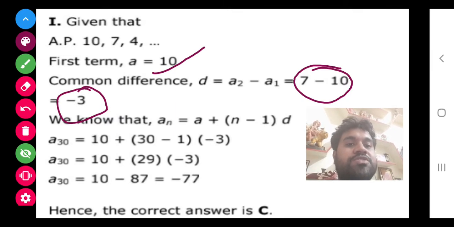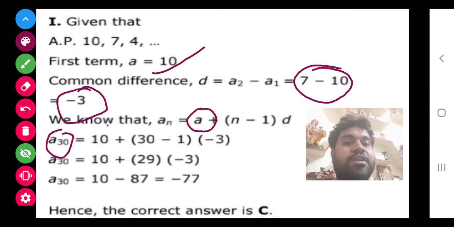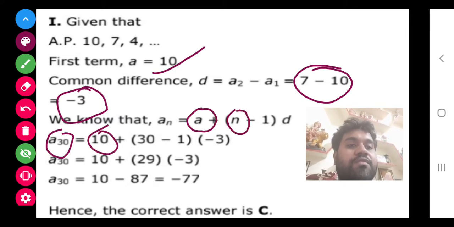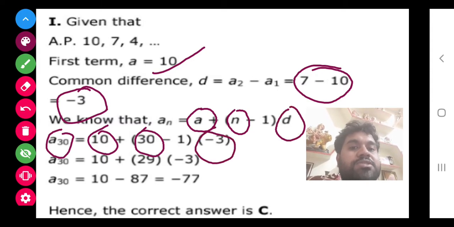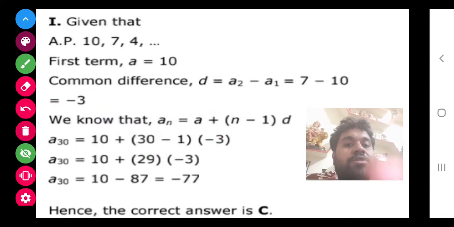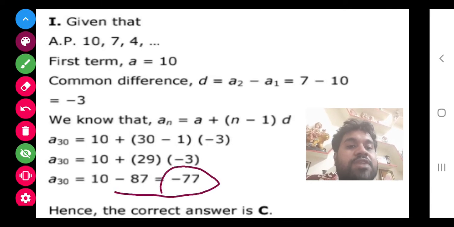Now we just have to substitute the value of n as 30. So for a30, we substitute the value of a, that is 10, the value of n, that is 30 only, and the value of d, that is minus 3. Now on solving you will get this, and after that the final answer is minus 77.